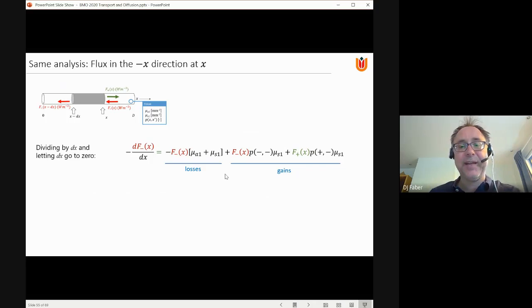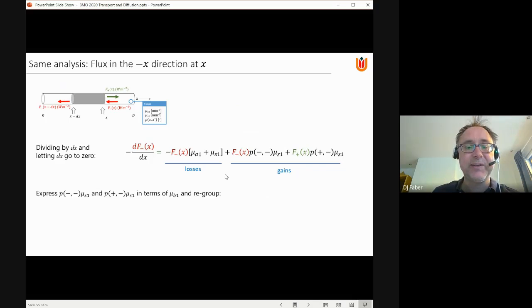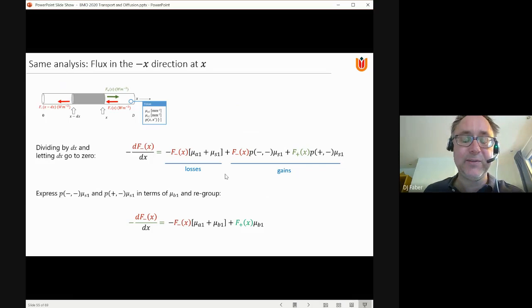For the loss terms and the gain terms, we factor out the phase function and write that in terms of the backscatter coefficient, regroup, and we get a similar looking equation for the change in the flux in the negative x direction, again as a function of mu a and mu b only, with a term that depends on the original flux in the negative direction and a term that depends on the flux in the positive direction in that volume.